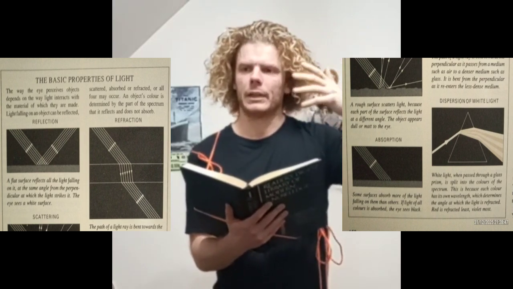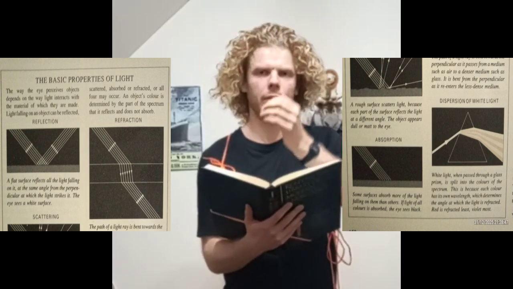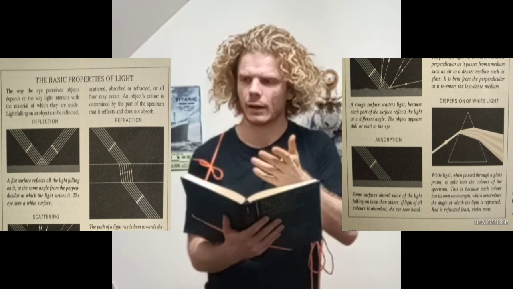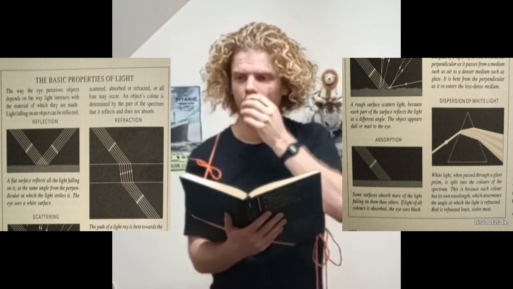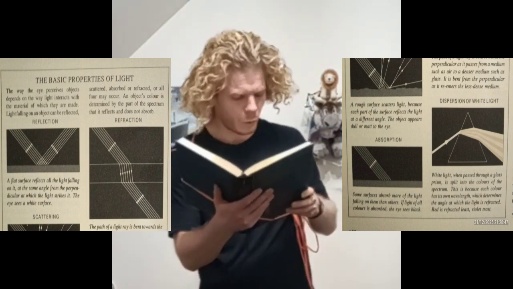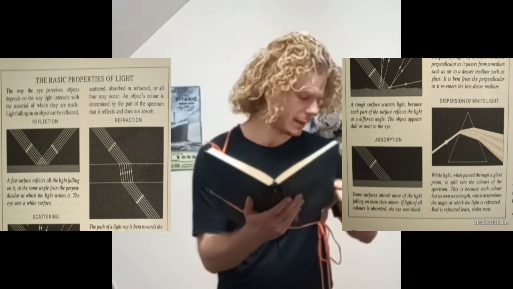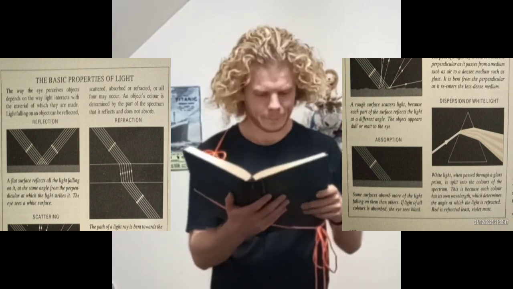And basically some materials are taking some of these colors out, so the red one, or the green one, and if all are taken out, then it is black. Some surfaces absorb more of the light falling on them than others. If light of all colors is absorbed, the eye sees black.